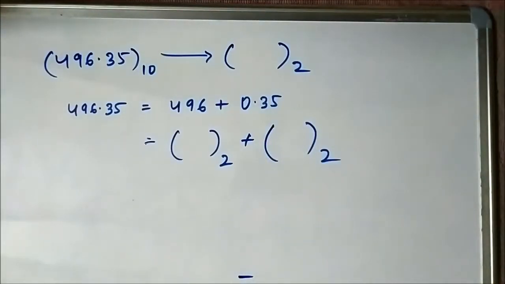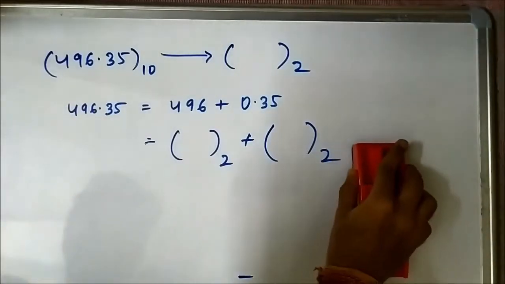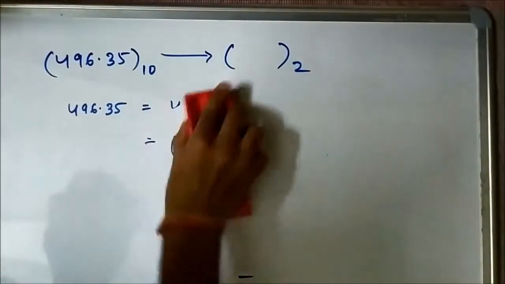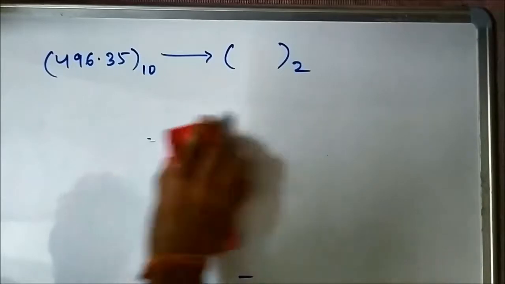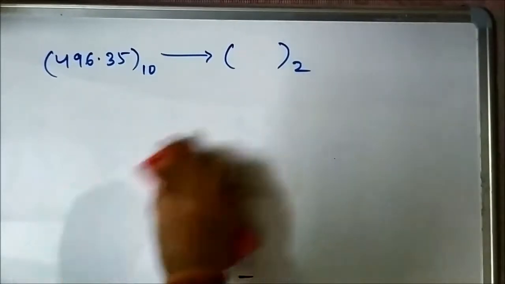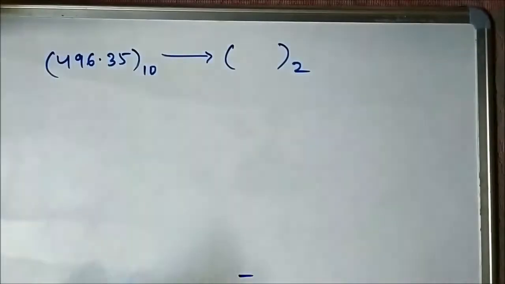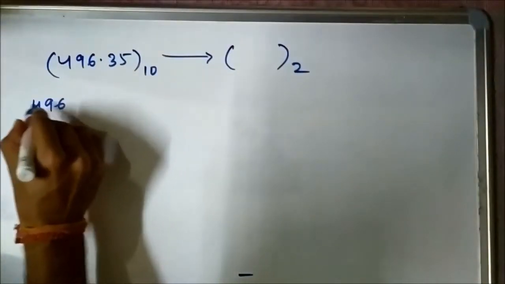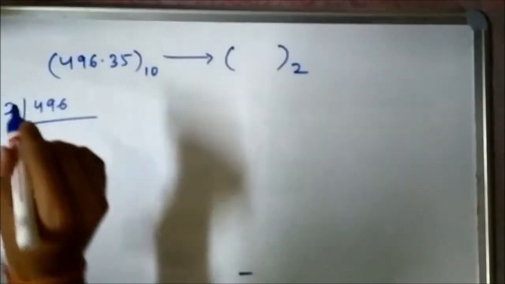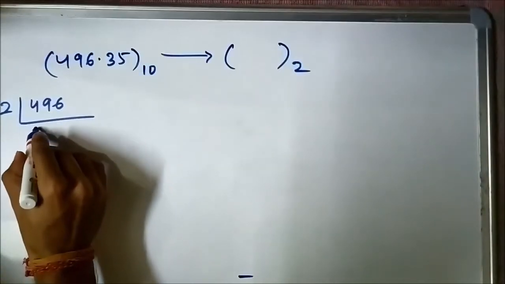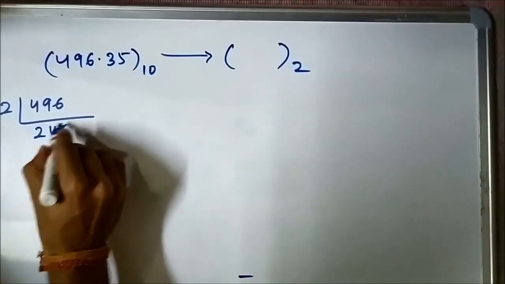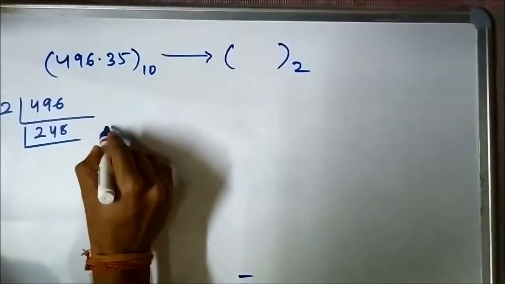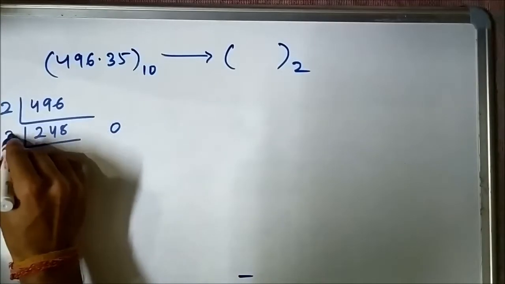Okay, so let us do it. First we will consider the whole part, 496. 496 divided by 2 is 248, exactly divisible, and the remainder is 0.